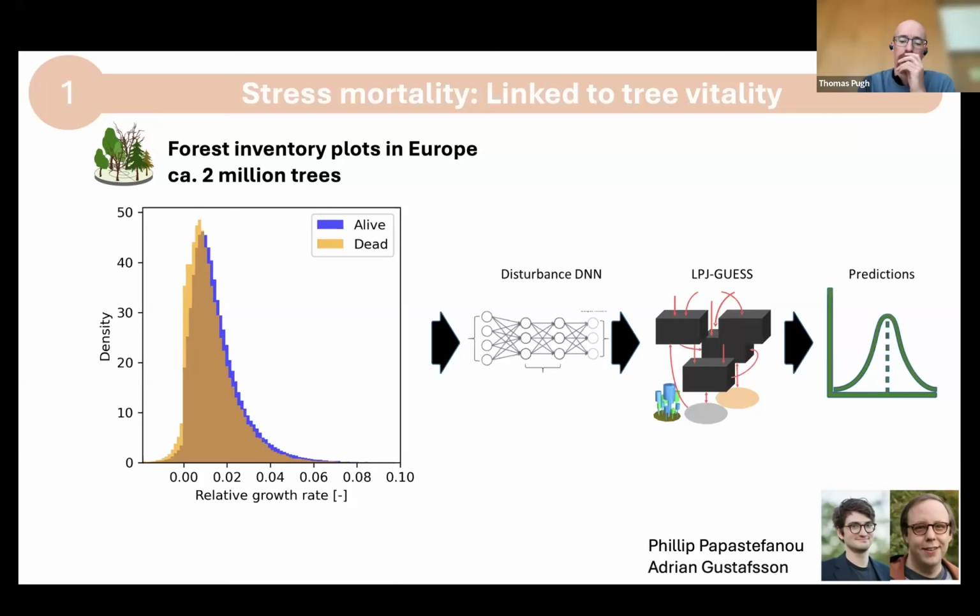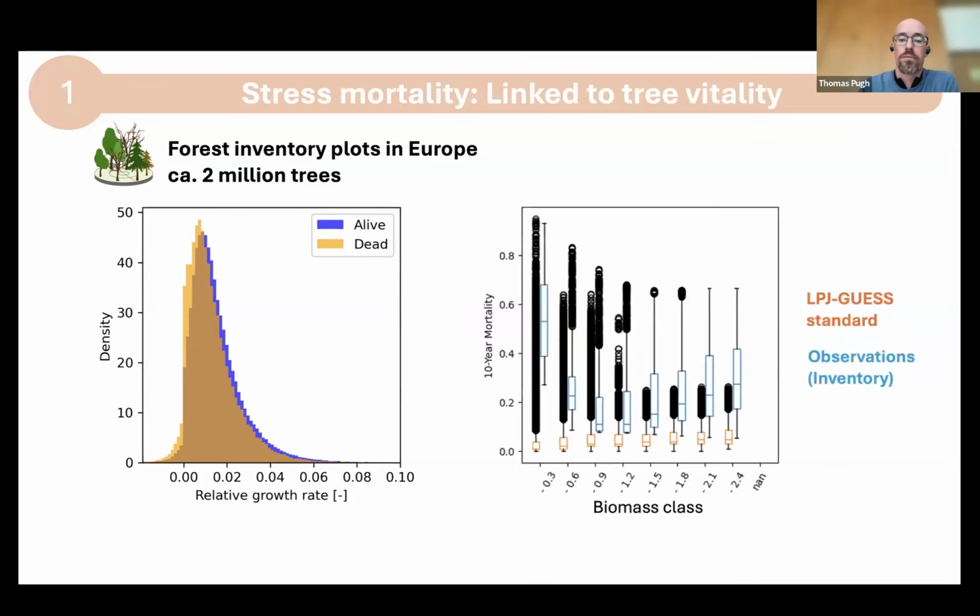And Adrian and Philip here trained a deep neural network on that information and implemented that in LPJ-GESS. And then we have this quite flexible data-driven approach with lots of empirical force behind it to try and simulate the effects of tree mortality in the model.